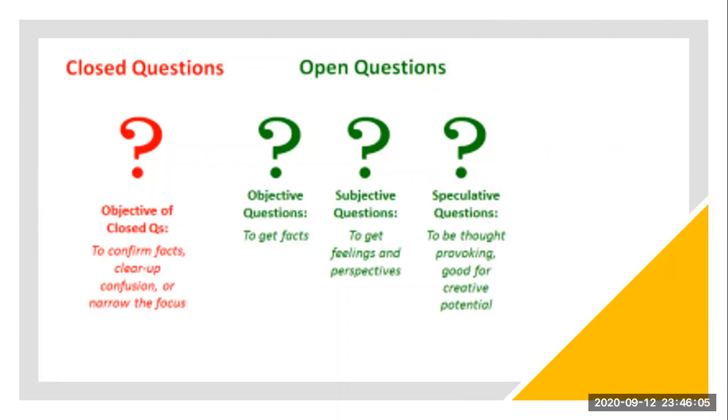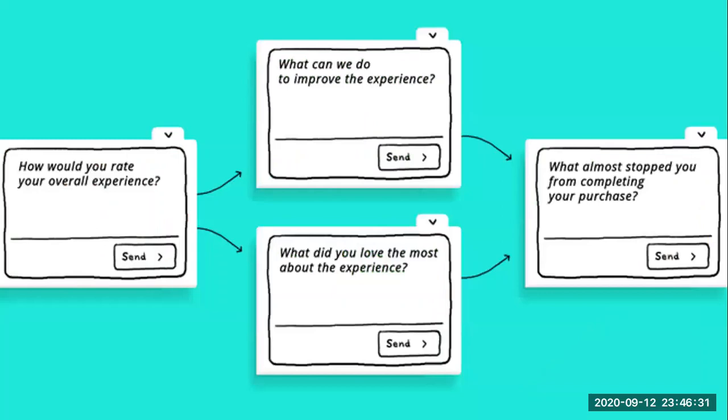And you also have speculative questions to be thought-provoking, good for creative potential. So when questions are open, they can be objective, subjective, or speculative, while closed questions are mostly objective questions. Okay, so if you read these questions here, take a few seconds to read them.